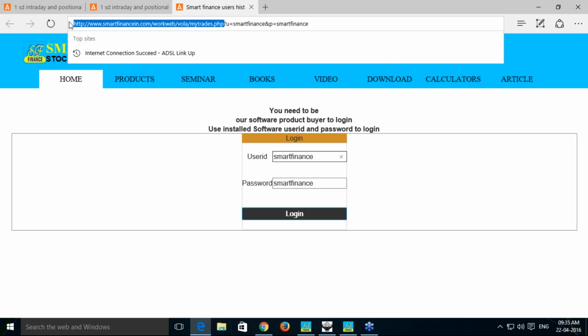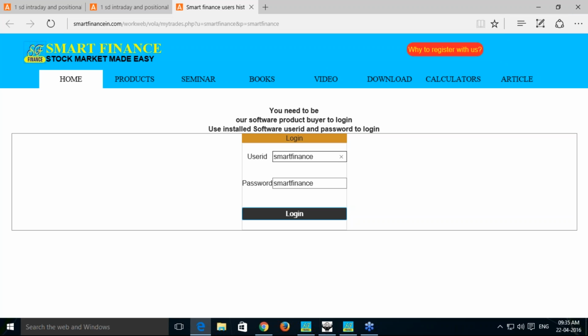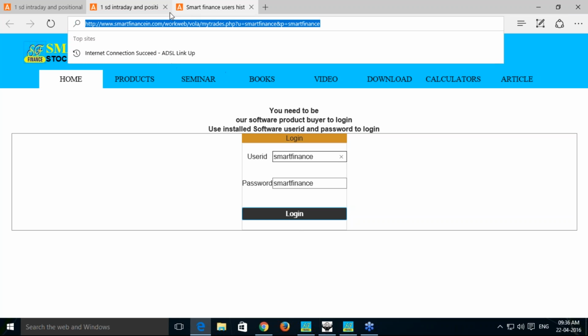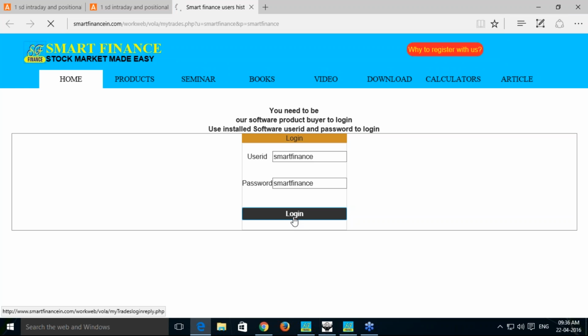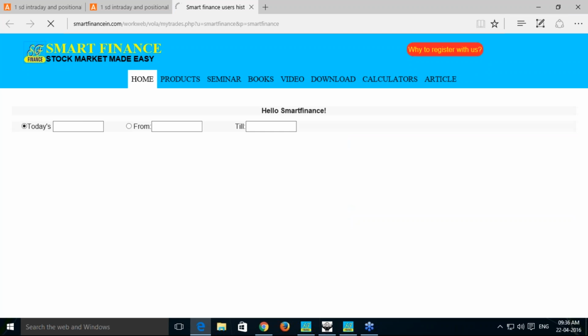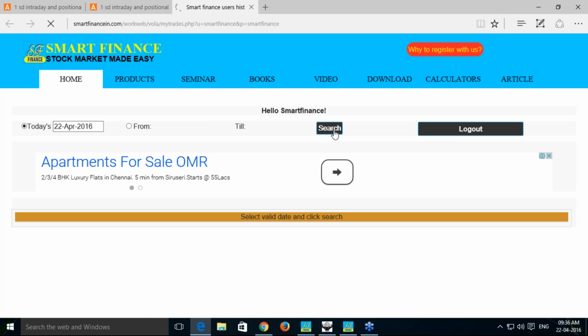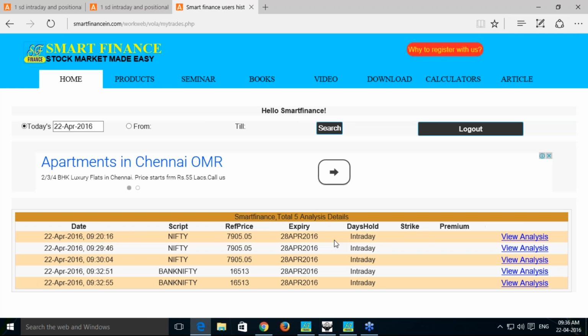If you have the software, just remember this link and open it in your mobile browser. Once you open it, give your user ID and password and log in. Once you log in, whatever trades I have analyzed today will come here. Here I have done it 2 times, so it has entered the data 2 times.